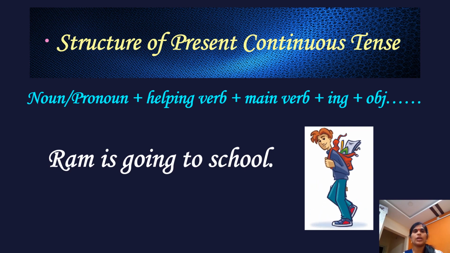Here, the word Ram is a noun, is acts as a helping verb, go plus ing becomes the continuous tense and to school becomes an object. So children, here you have to observe that is going is in the present continuous tense.